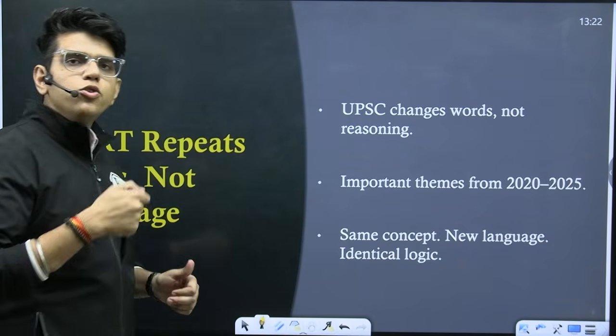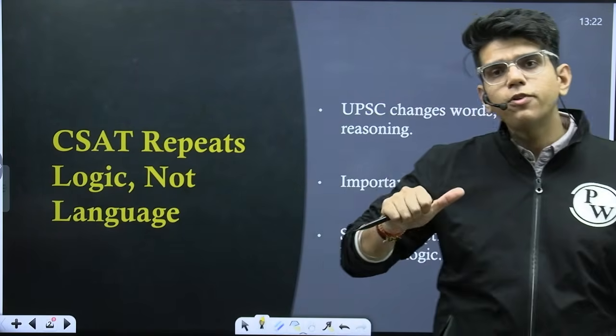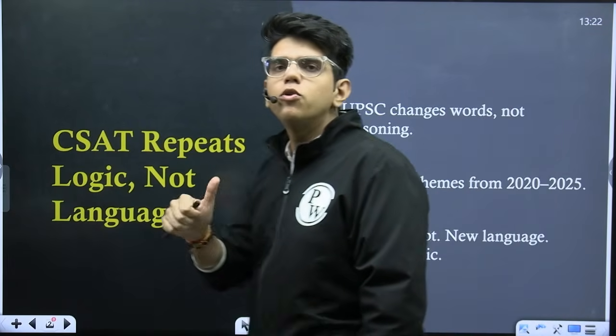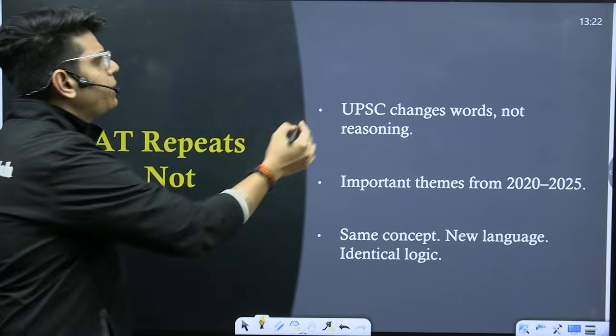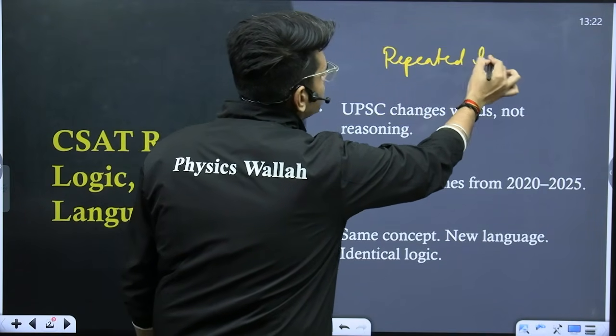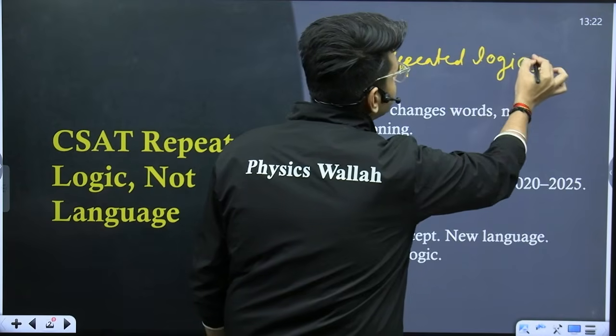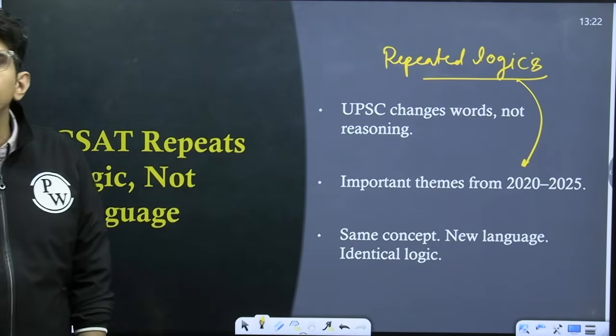Why? Because you won't find questions which came before in the next year paper, but you will find the logic repeated almost every year. So what we should focus on is the repeated logics, right? Repeated logics. Now repeated logics can lead us to the questions or themes which are repeated almost every year.